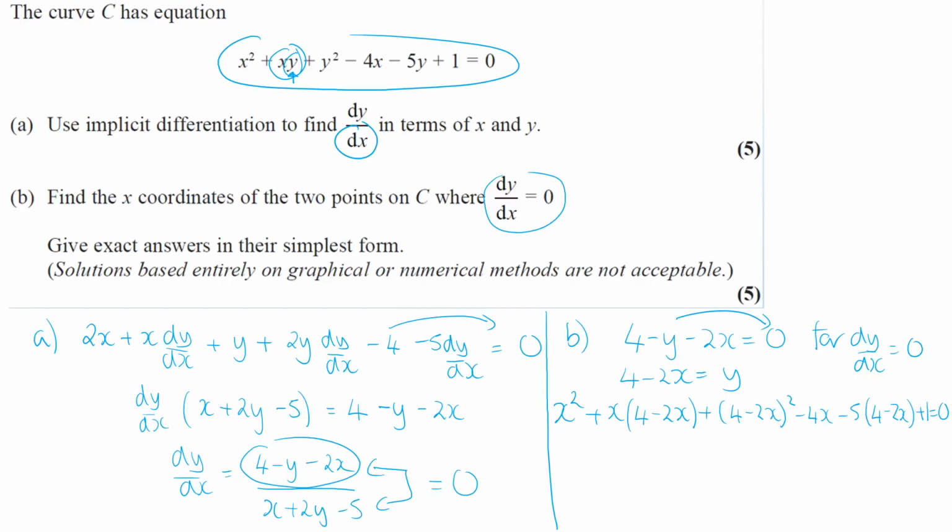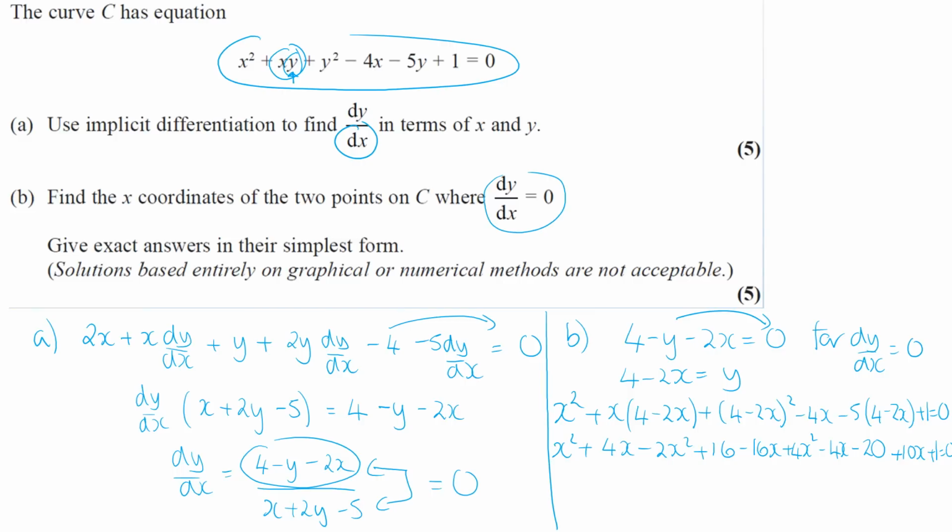Now tidying that up: x squared plus 4x minus 2x squared, squaring out that bracket, 16 minus 16x plus 4x squared, minus 4x minus 20 plus 10x plus 1 is equal to 0.